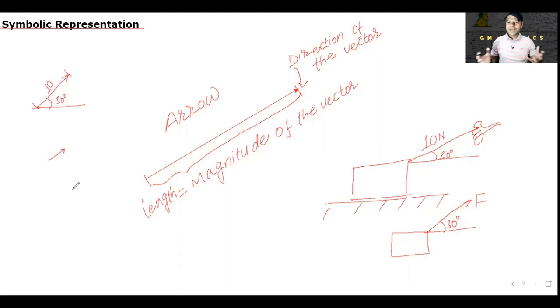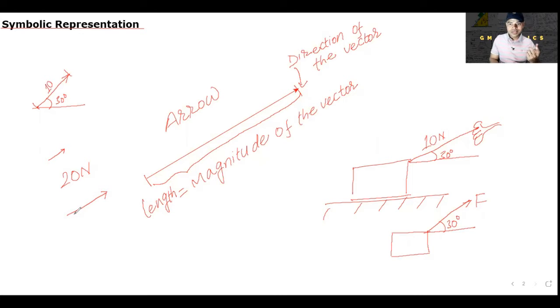But in all practical purposes, we are not required to take the scale and measure the length of the arrow and make it proportional to the magnitude of the vector. Suppose I have to represent 20 Newton force along the same direction. I am not required to take the scale and measure the length to be 2 centimeter according to my choice of a scale, right?